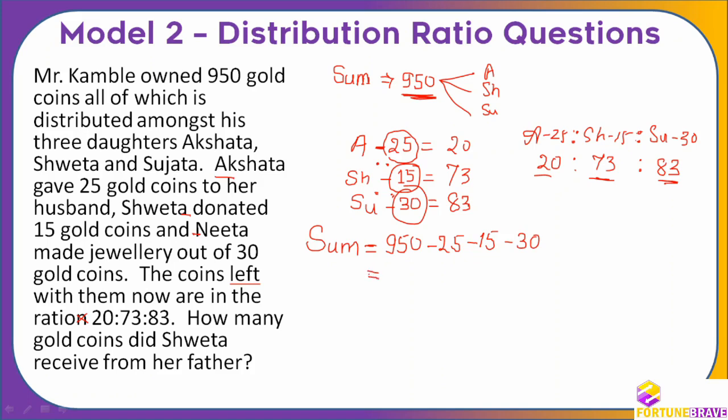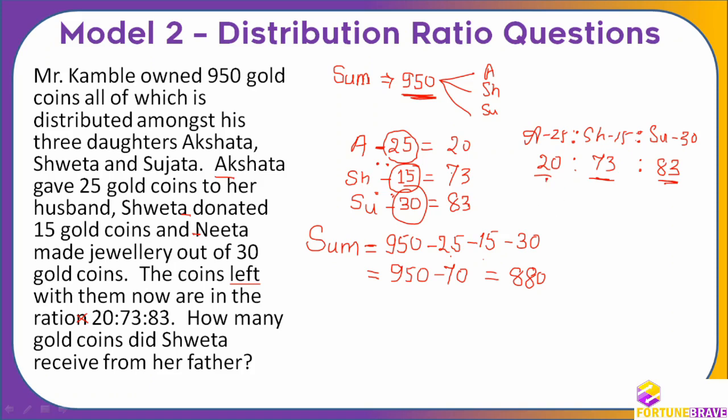So what is the sum now? This is the correct sum. 25 plus 15 because I am going to add all of them, so 40 plus 30 is 70. So 950 minus 70 is the sum, which is equal to 880. Now this is the sum which we are going to use.